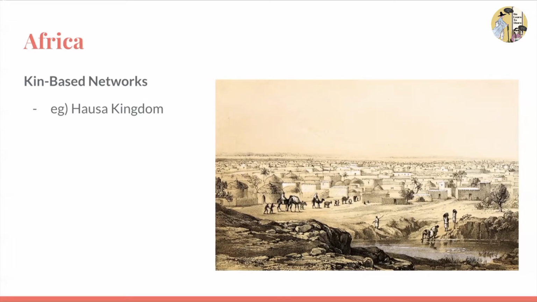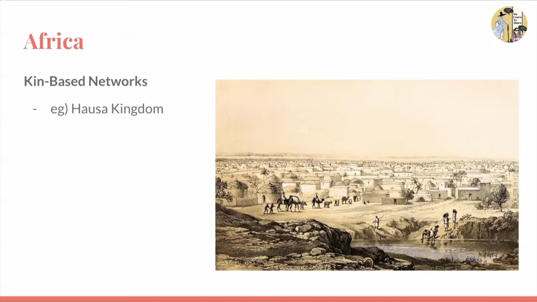Before I give an example of a kin-based network, we'll first briefly explain how these networks worked. Basically, each network was led by a chief, and groups of villages were loosely connected through loose federations. One of the roles of the chiefs was for the chiefs from the federations to come together and solve problems that may arise in the region.